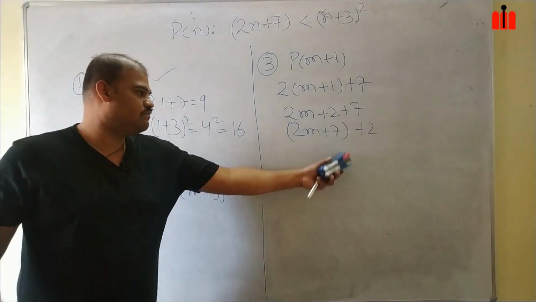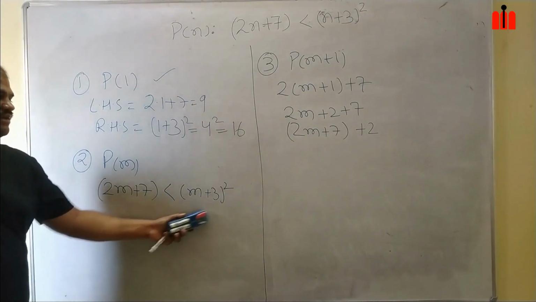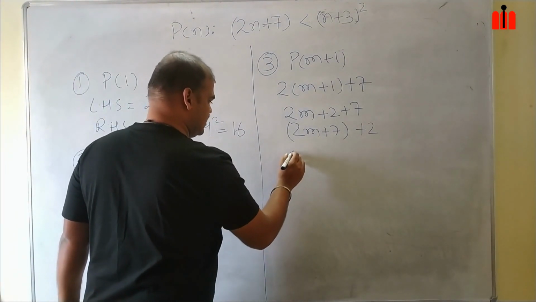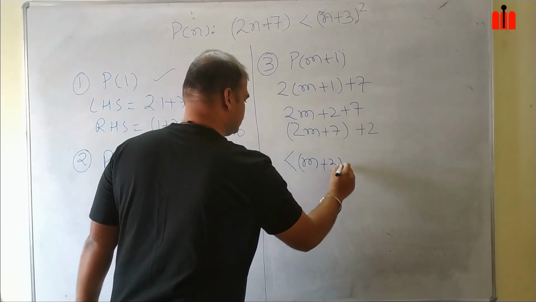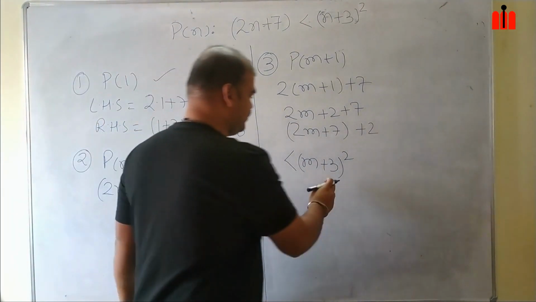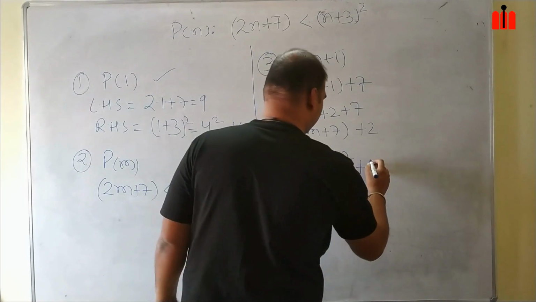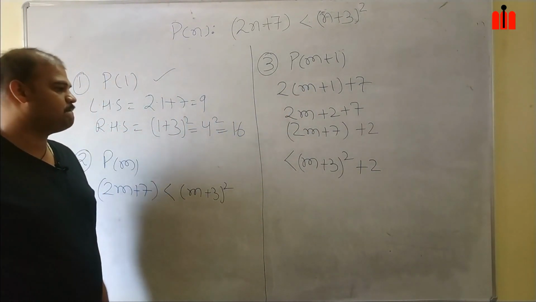Okay, I had written 2m plus 7. Why I had written 2m plus 7? Because I want to substitute it with m plus 3 whole square, since 2m plus 7 is lesser than m plus 3 whole square. So I had kept here lesser than m plus 3 whole square, and it will be plus 2.